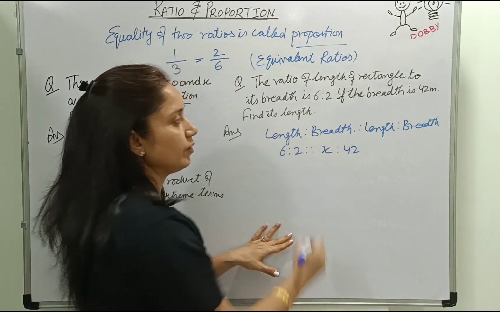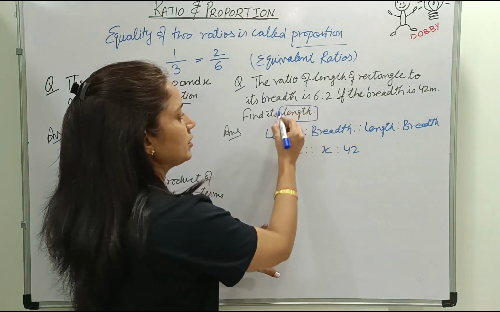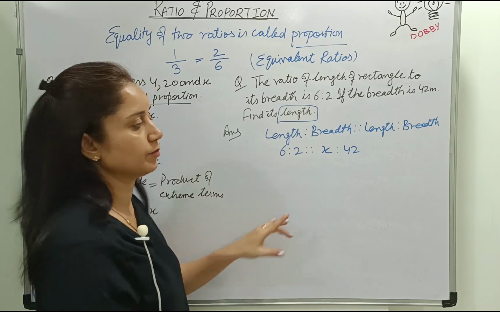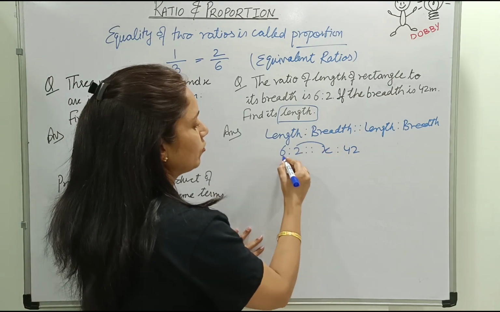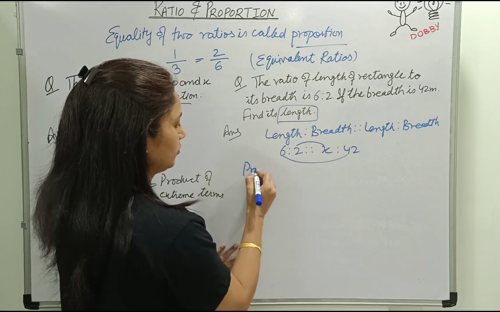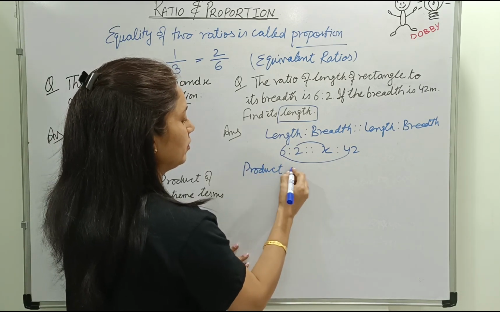Proportion sign in between. What is missing? Length is missing. So let the length be x. In place of length we have written x. Product of middle terms, product of extreme terms. Let us see.